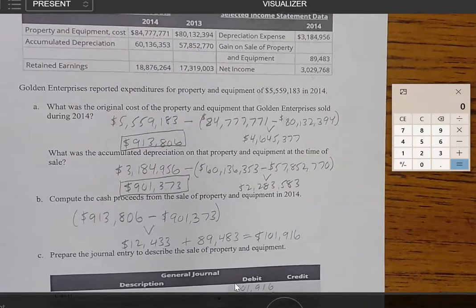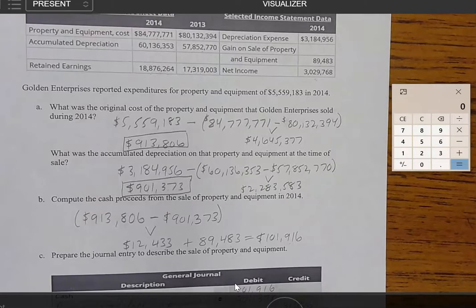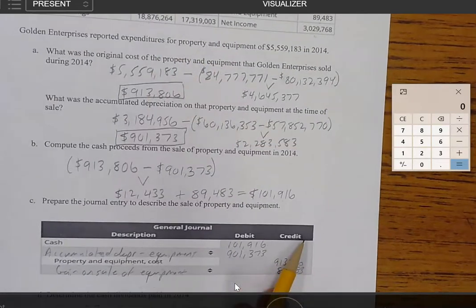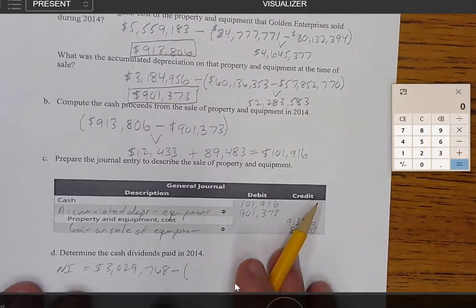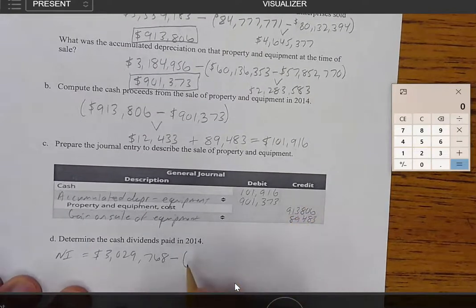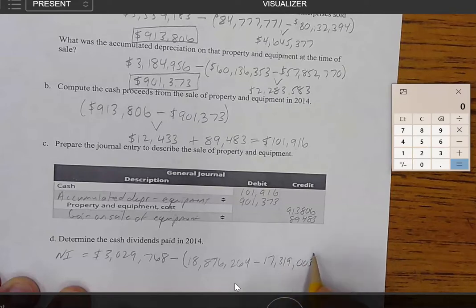There are the two figures right here under retained earnings. And then when I move the page down, I don't believe we'll be able to see them. So let's see here, 18,876,264 minus that other figure, 17,319,003. So that's retained earnings at the end of 2014. This is retained earnings at the end of 2013.